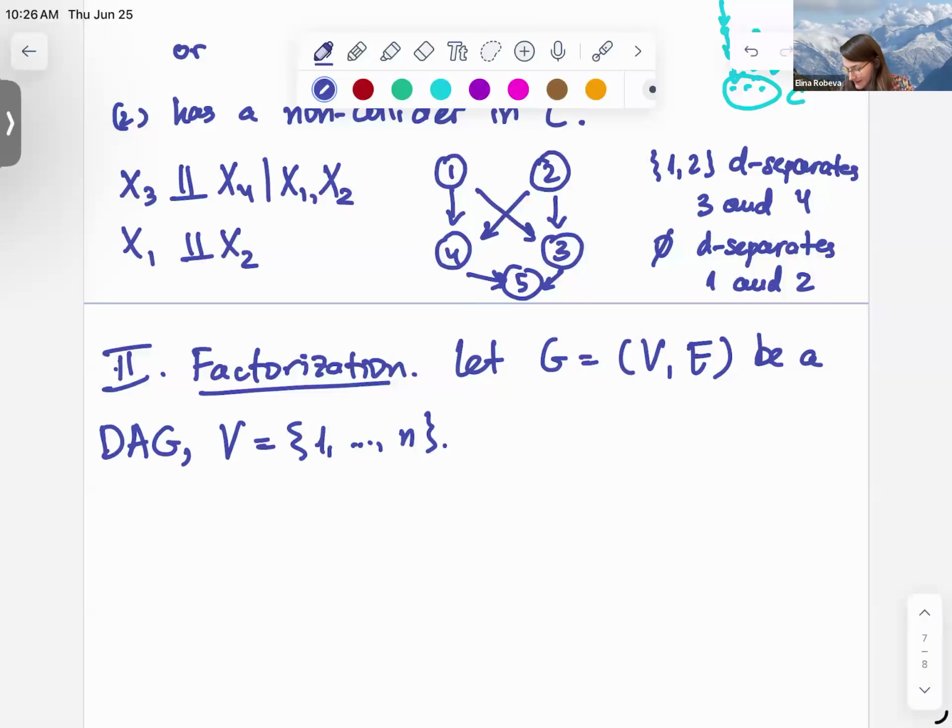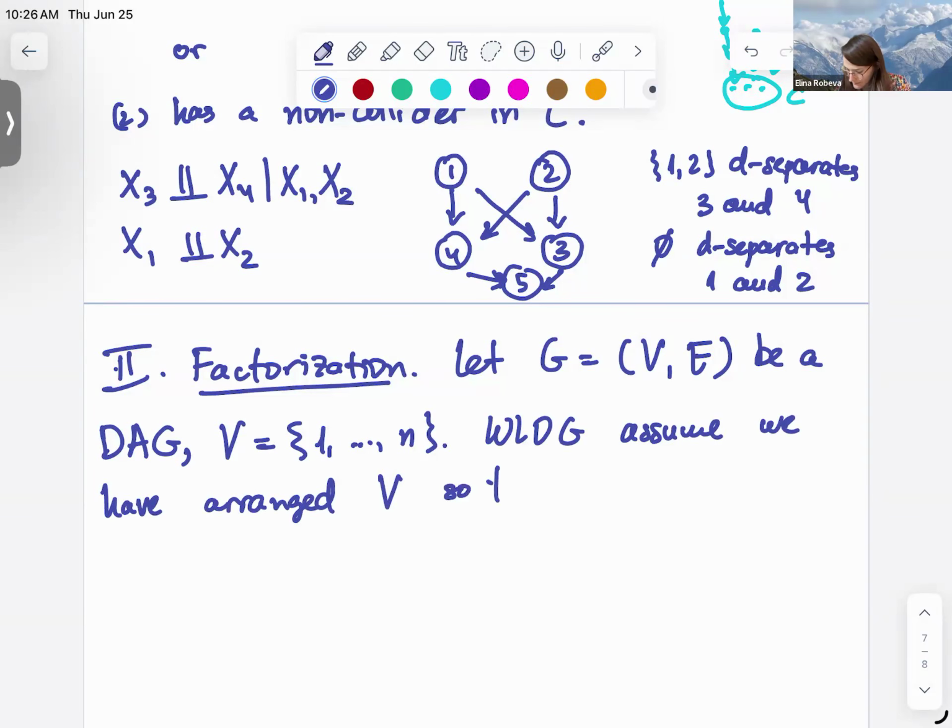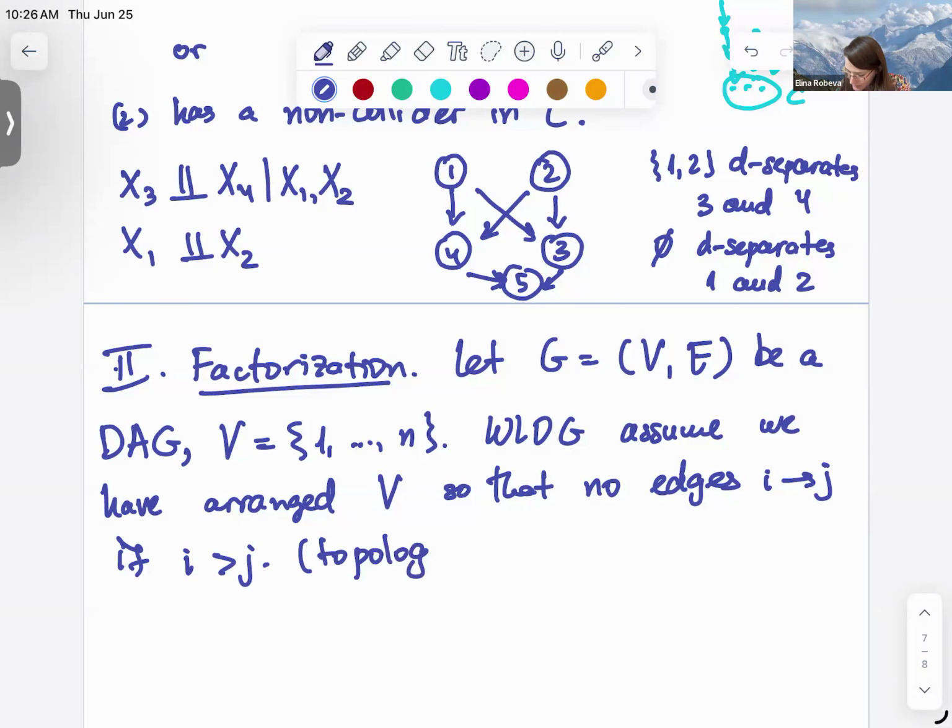And now, without loss of generality, assume we have arranged V so that there are no edges i to j if i is bigger than j. This is called a topological ordering in this literature.